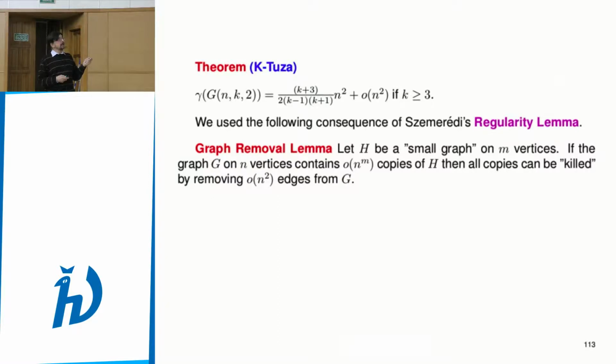So in general, because it has m elements, the total number of copies is n choose m, and if the number of copies is really smaller than the total number, so it's some very weak system, so it's little o of the total possible number, then we can delete only a few edges, so less than n squared edges, to kill all the copies.